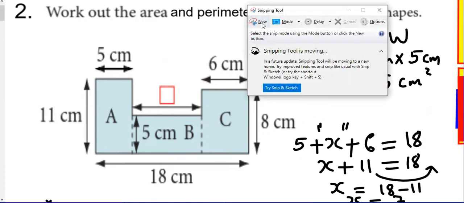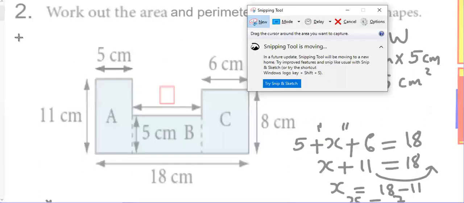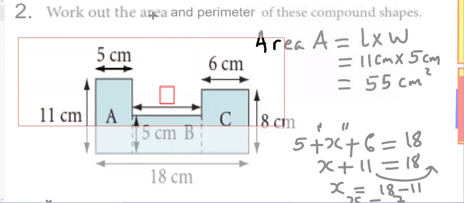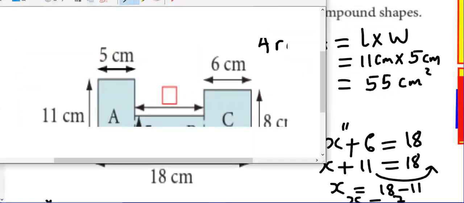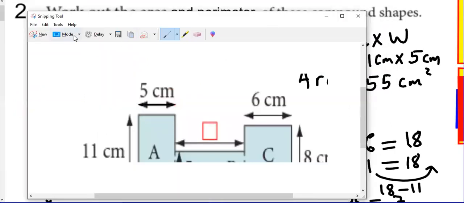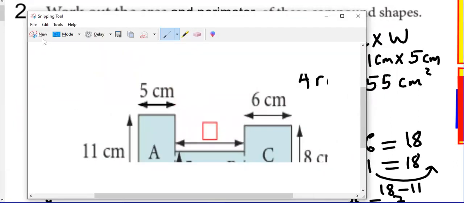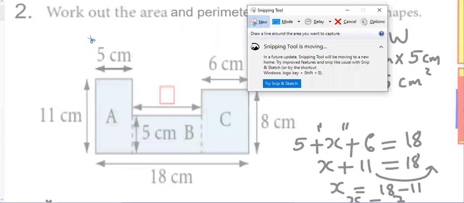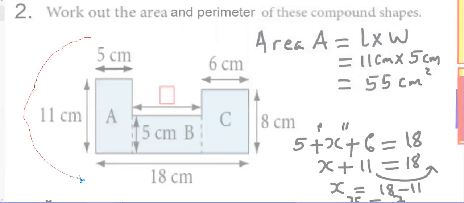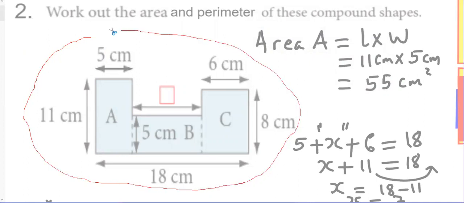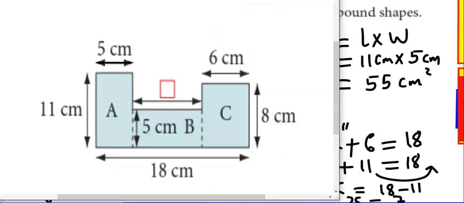If you are asked to find the perimeter of this shape, what do you think you're going to do? I'm going to try to copy this compound shape and put it on a fresh page, so that when we are talking about the perimeter, you should not be getting confused.